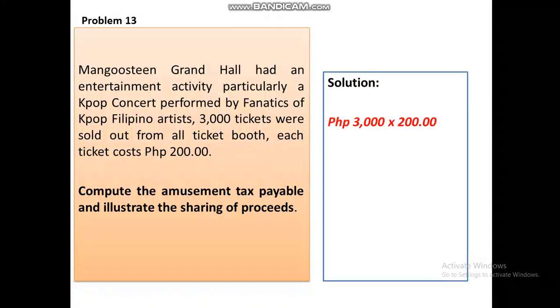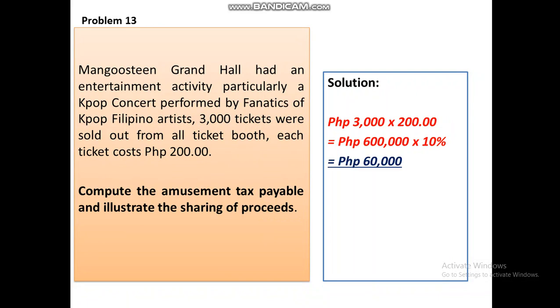Solution. 3,000 tickets times 200 pesos is 600,000 and the amusement tax rate is 10%. So, magbabayad po ang involved, no, is 60,000. And then the sharing, city is 30,000, province is also 30,000.